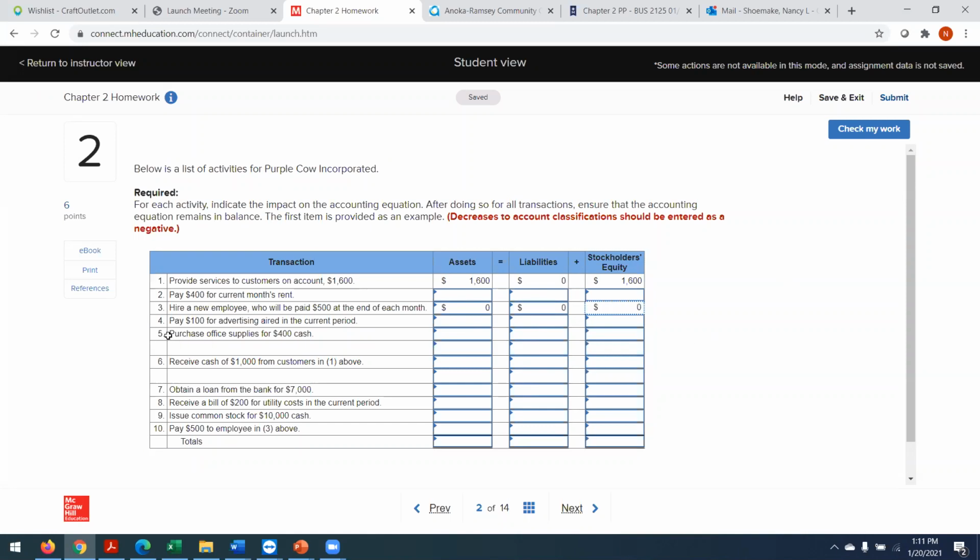Could I go over number 4 on this as well? That's another tricky thing, because I actually got caught up on that one. Do you see purchase office supplies for 400 cash? Okay? What increases? Supplies, an asset, increases 400. What decreases? Cash decreases, which is an asset, right? See how I did that?